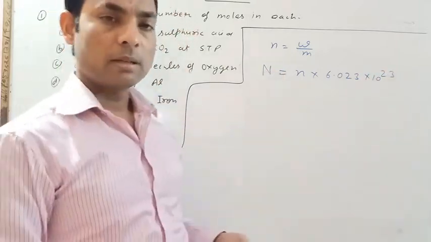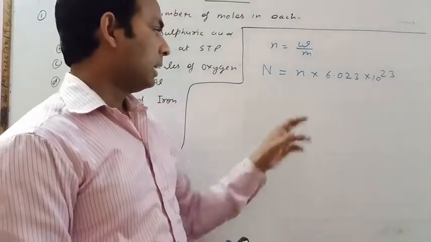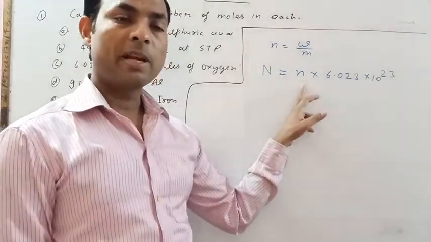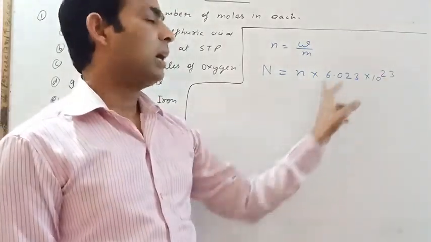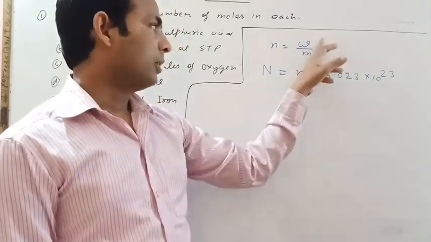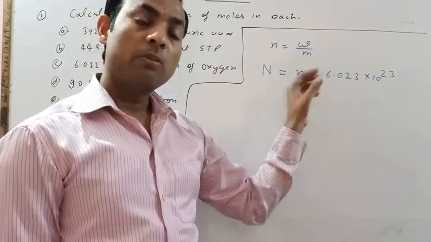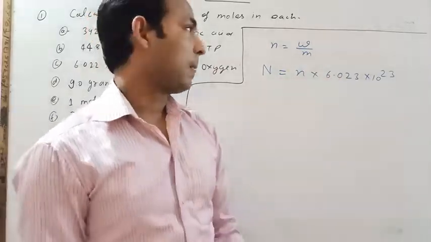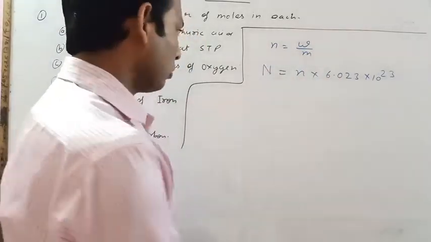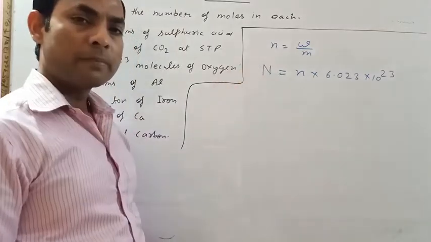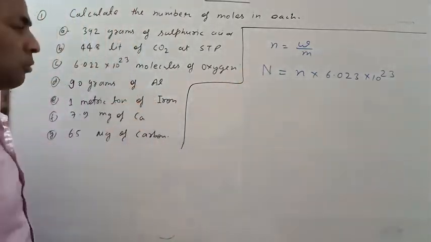N is the number of particles, small n is the number of moles, and this number is the Avogadro number. W is the mass of substance in grams, M is the molar mass of the substance, and n is the number of moles. On the basis of this formula, we can easily do all the questions.